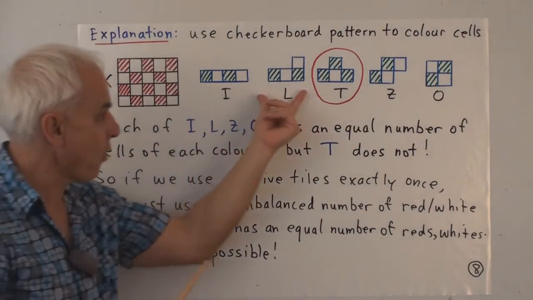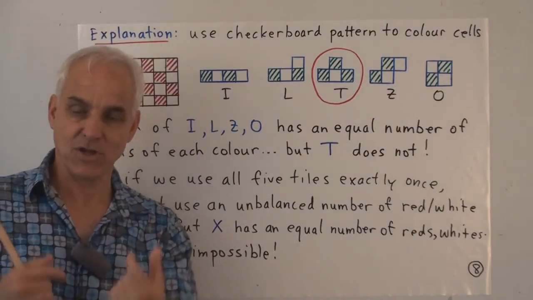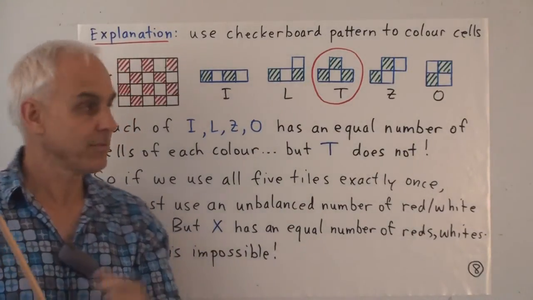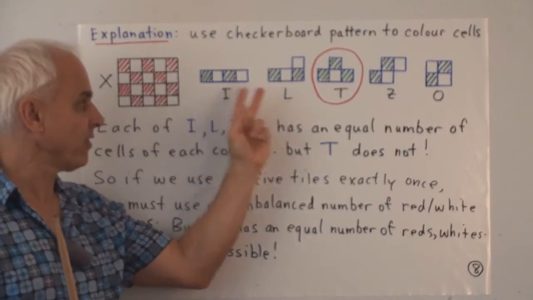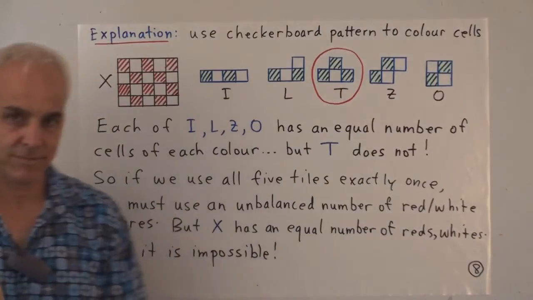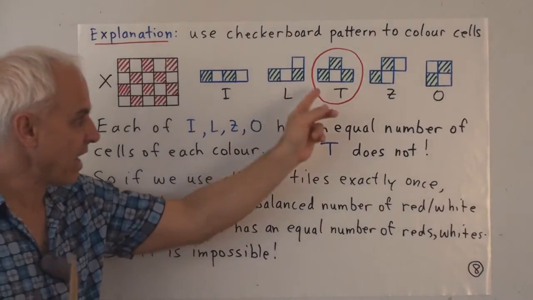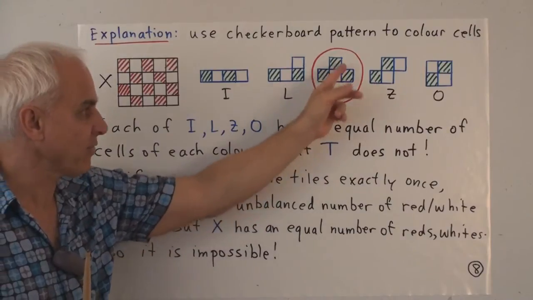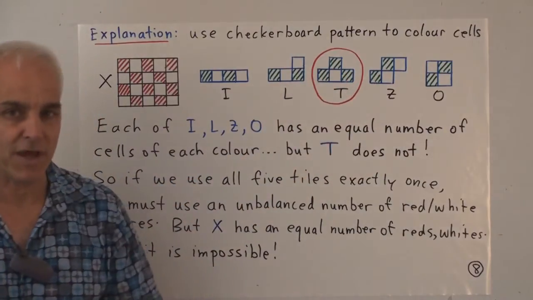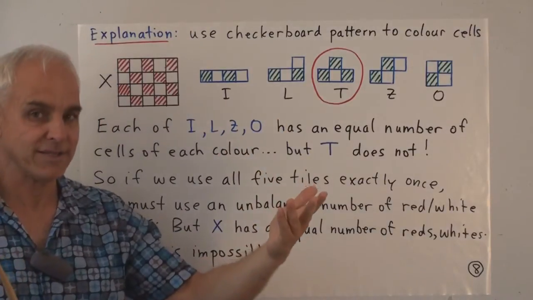Namely, these 4 have equal numbers of cells of each color. 2 greens, 2 whites, for each of them. This one doesn't. It has an unequal number. It has 3 of one and 1 of the other. Either 3 greens and 1 white as I've drawn, or 3 whites and 1 green.